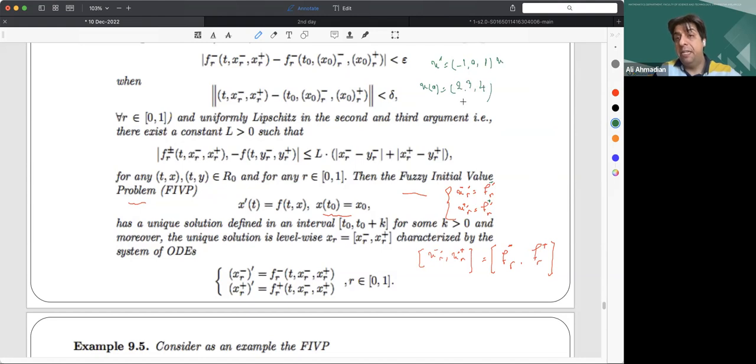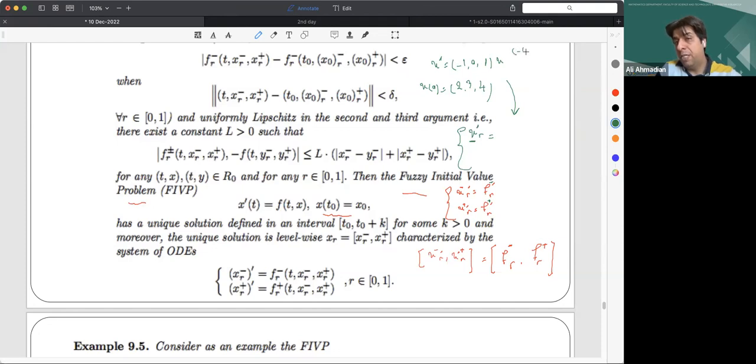Then the characterization theorem tells me that if you want to work with this fuzzy initial value problem, you should transfer it to an ODE system. The first equation, I just want to write the left side, x prime r lower equal this fuzzy number. I should write the alpha cut.